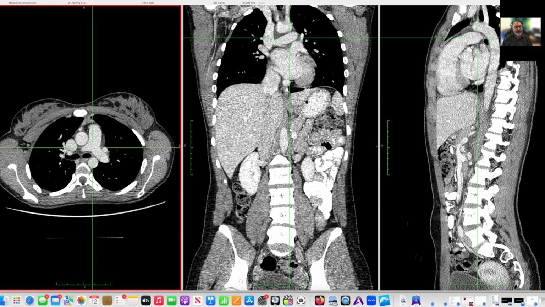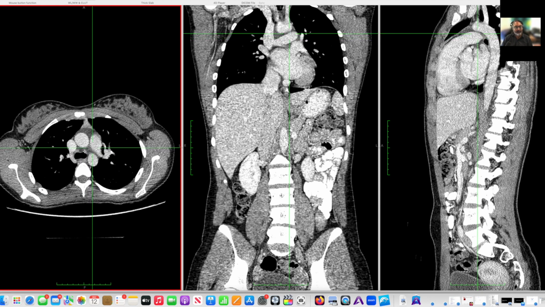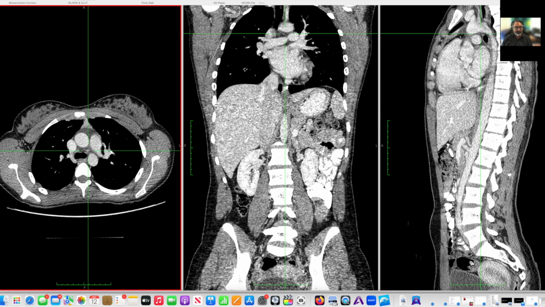If I go superior, this is the aortic pulmonary window, because it is below the arch but above the pulmonary artery. That's the arch, and that's the pulmonary artery.